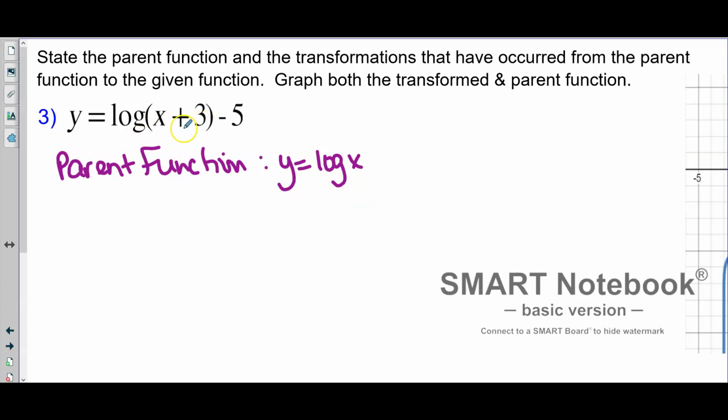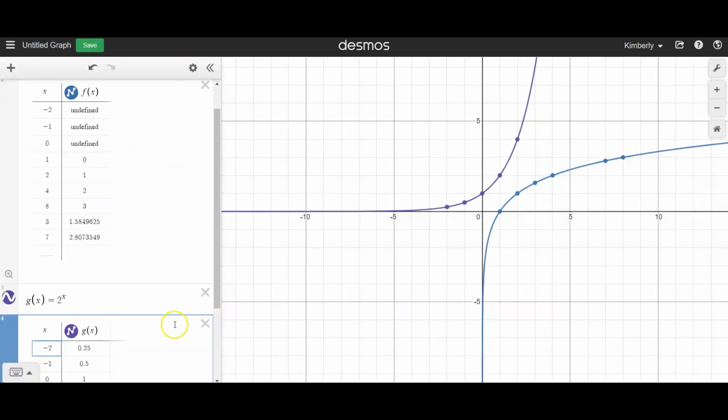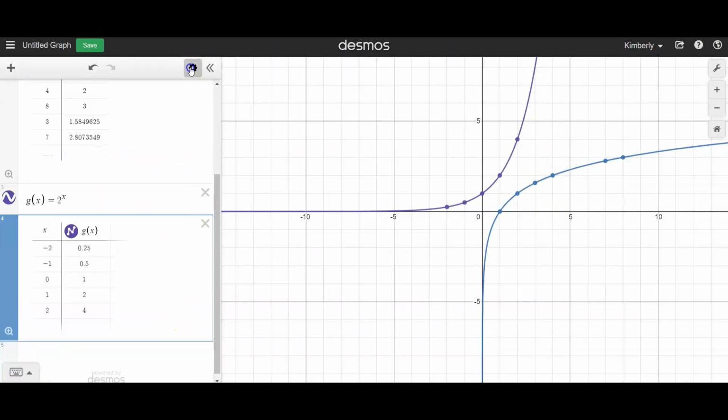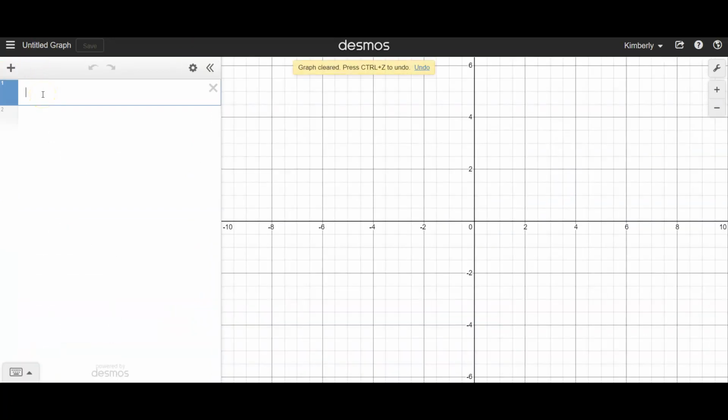Okay, when you look at changing the x, that shifts your graph left and right. So this graph is going to shift the parent function to the left 3. And the minus 5 at the end is going to be going down 5. Okay, so I'm going to type in f of x equals, and I'm going to start with the parent function of log of x.